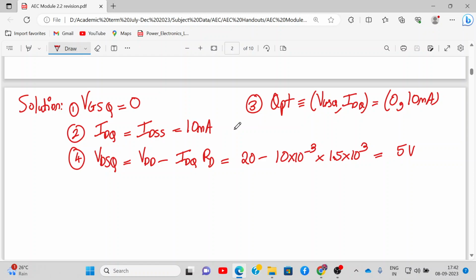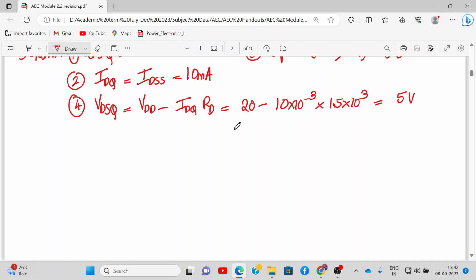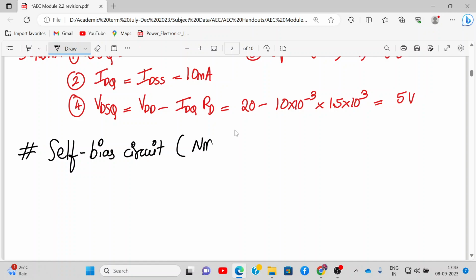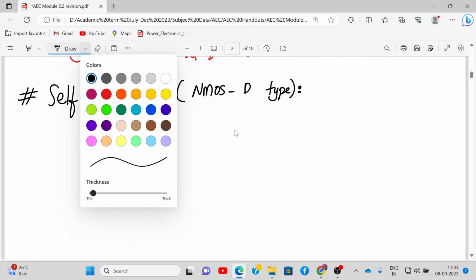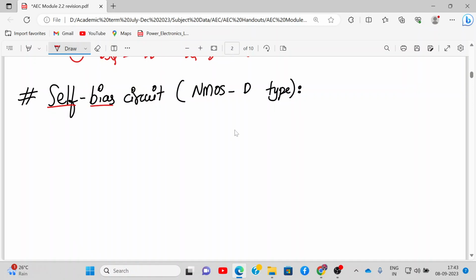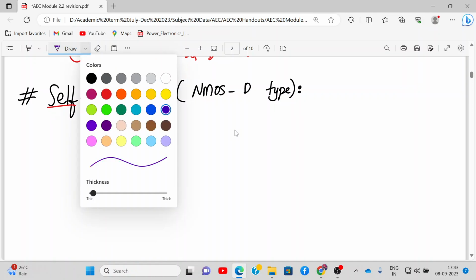Okay, great. So next we go for the self bias circuit using NMOS D type MOSFET. I will only solve the analysis, the numerical I'll skip. I've already shared the PDF, you can refer to it. I'll only discuss the circuit.